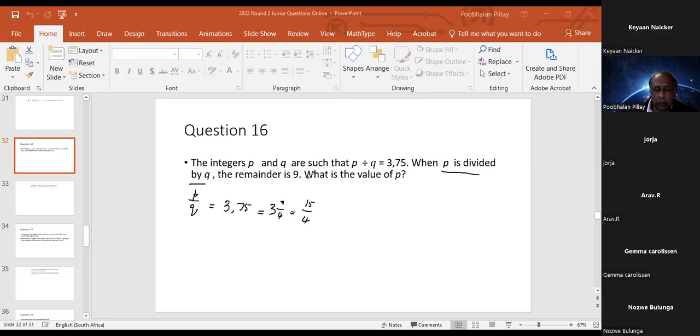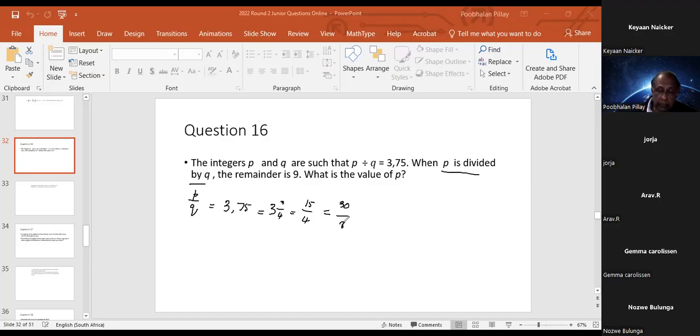So what went wrong? What went wrong is that there are many ways in which you can write 15 over 4. It could be, as we said earlier on with ratios, you can multiply that by 2, you can get that. This is still the same thing, P over Q is 15 over 4, if you simplify this.